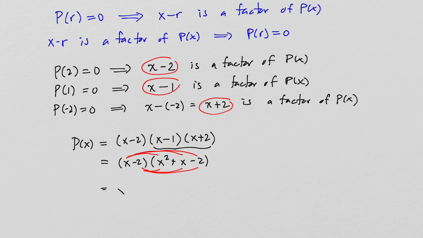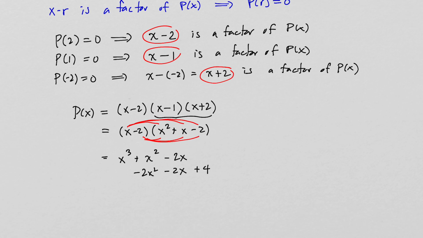This is going to give us x to the third power plus x to the second power minus 2x. And then down below here, we have negative 2 times x squared. I'll write that here. Negative 2 times x is negative 2x. And negative 2 times negative 2 is positive 4. And if we combine like terms, we have x cubed minus x squared minus 4x plus 4.